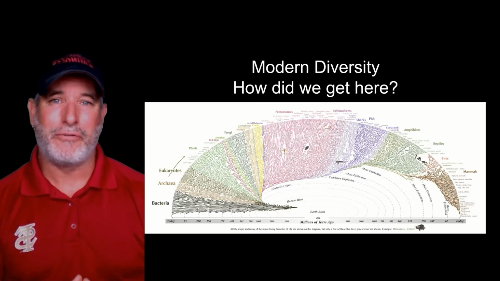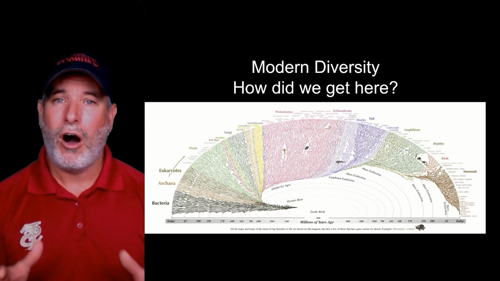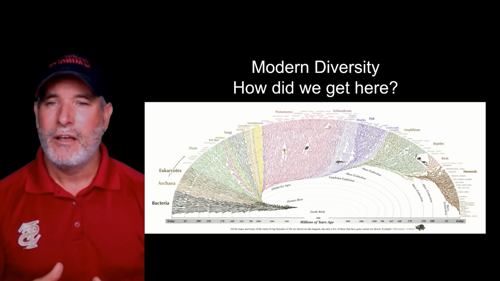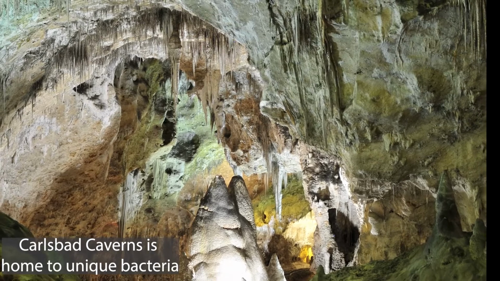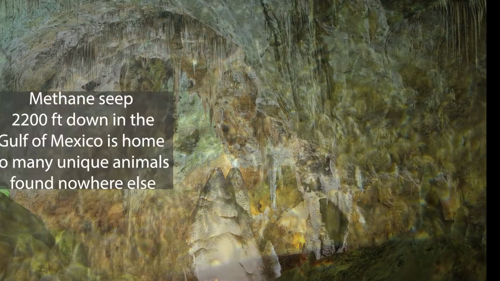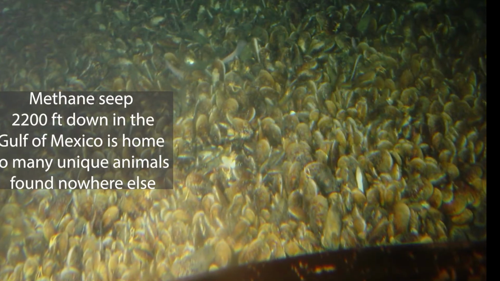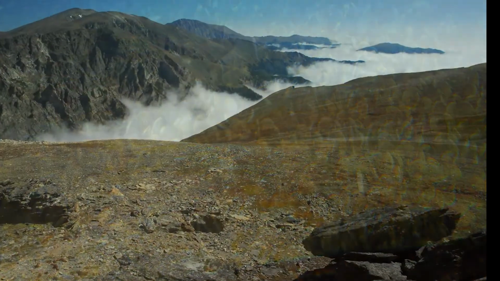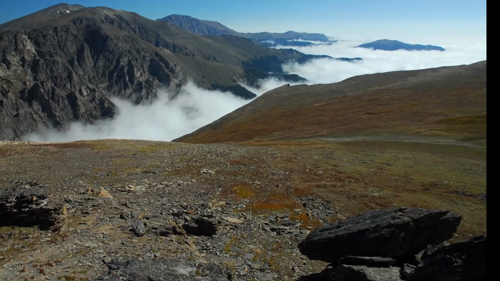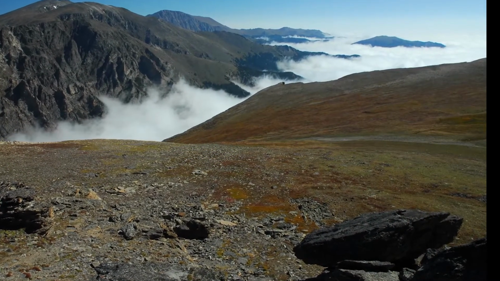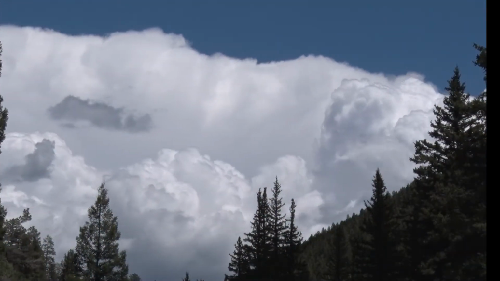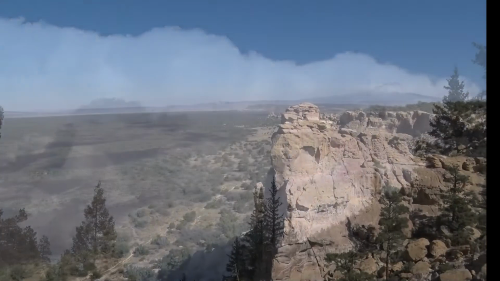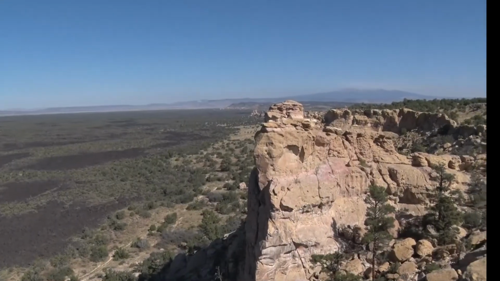Now, of course, this is a phylogenetic tree representing all the major branches of life. If you think about it, you go almost anywhere on this planet and there's life: at the bottom of the ocean, the top of the mountains, floating high in the atmosphere, even down in the rocks right below you.